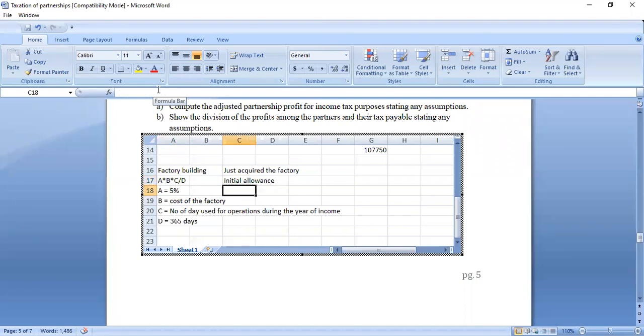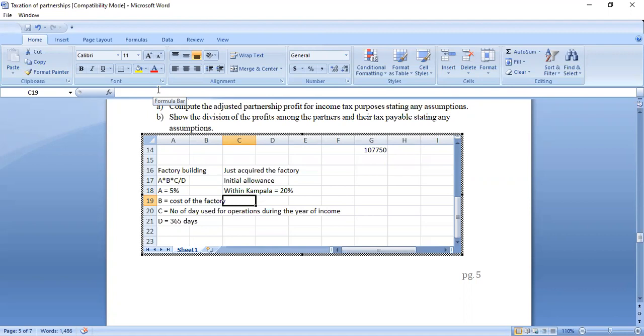Now this initial allowance is split into 2. If you're within Uganda, if you're within Kampala, we shall give you 20% as the allowance, 20% of the cost that you have incurred in acquiring that asset. Then if you're outside Kampala, okay, they say more than 50 kilometers.